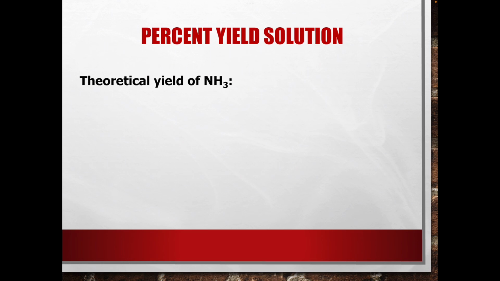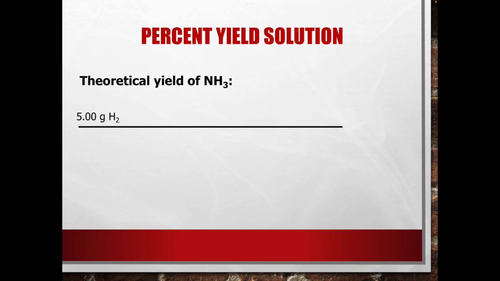Alrighty, so let's calculate our theoretical yield of ammonia. The first thing we'll need to do is take the mass of our starting material and turn that into grams of ammonia. Remember, our theoretical yield is always going to be, in theory, on paper, if everything went perfectly.